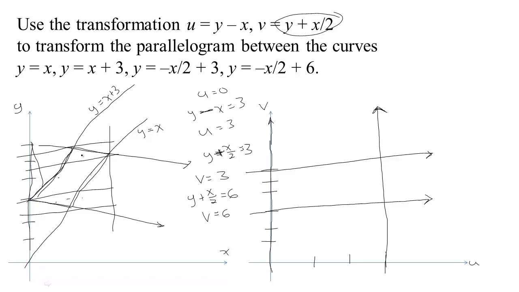So that's going to require three sets of two inequalities each to describe each of these three different regions within this area. But here we have a nice rectangle, and the description is very simple. u is just between 0 and 3, and v is between 3 and 6. So very, very easily described region in this case.